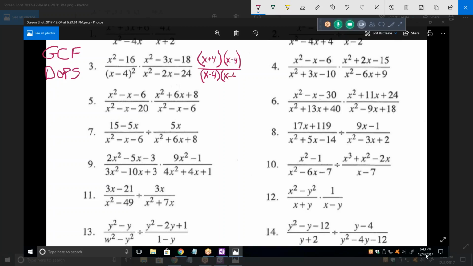That's what that means. x minus 4 quantity squared means x minus 4 times x minus 4. Now factor that. And that one falls under what I call quadratic factoring. In other words, when you have an x squared and an x and a number, you have to factor it like a quadratic.